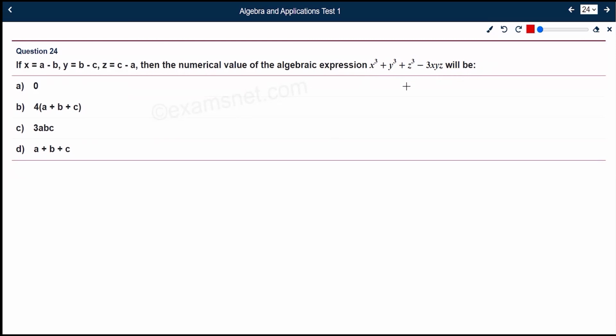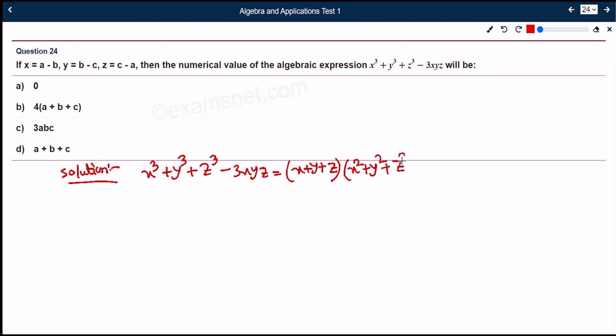Okay, so again, let me write the identity first. x cube plus y cube plus z cube minus 3xyz we can write as x plus y plus z multiplied by x square plus y square plus z square minus xy minus yz minus zx.